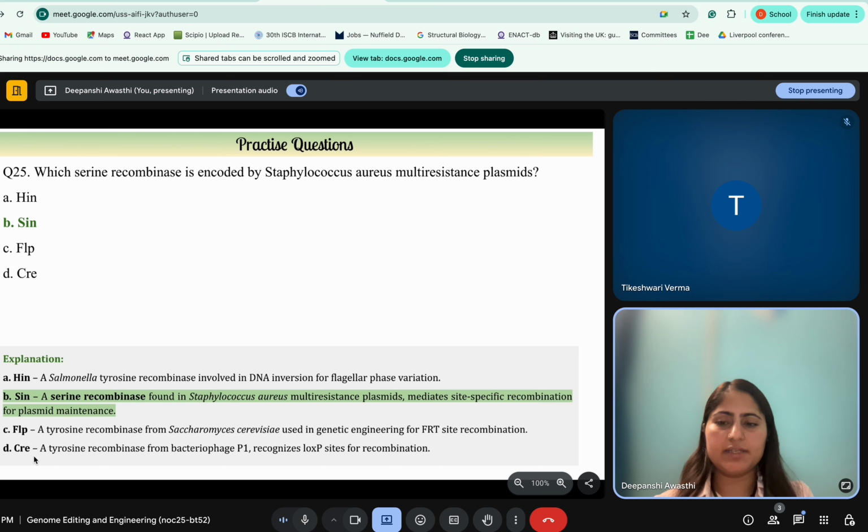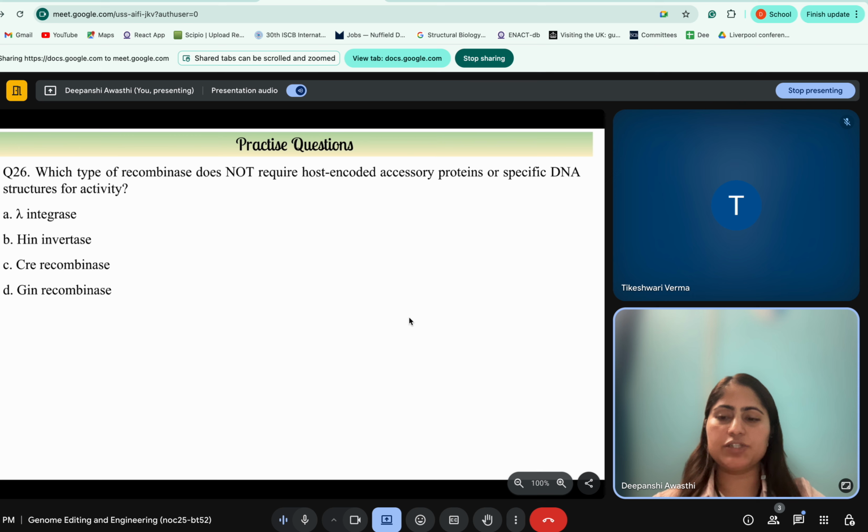Similarly, Cre is also a tyrosine recombinase, obtained from bacteriophage P1, and it recognizes the LoxP site and brings about recombination. It depends on the orientation in which both LoxP sites are available. Based on that, it will decide whether to perform inversion, insertion, excision or translocation.